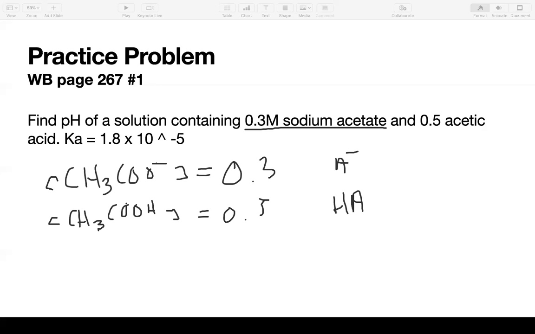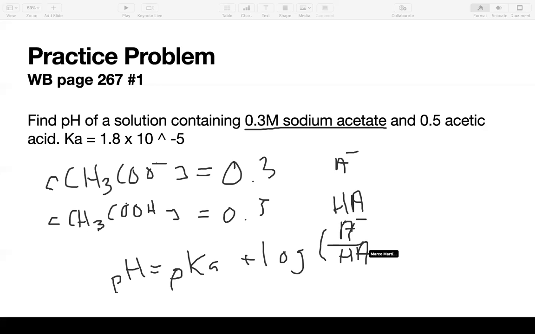So we can do pH is equal to pKa plus log, and then I'll just write A minus over HA. So now this is something we could solve for. So we could do 0.3 divided by 0.5. We'll find the log of that. 4.5.